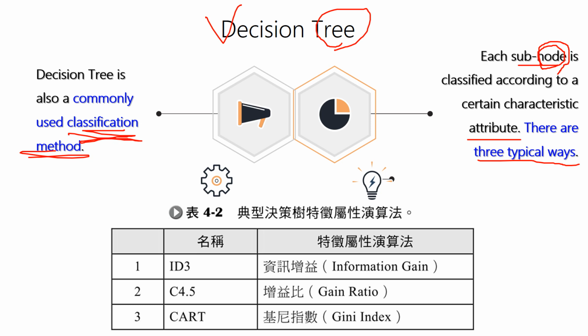There are 3 typical ways. The first one is called ID3, which is information gain. The Chinese is right here. And C4.5 is called gain ratio. And Gini index is called CART.